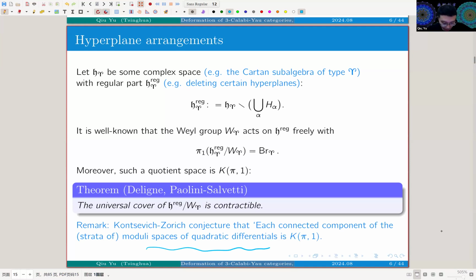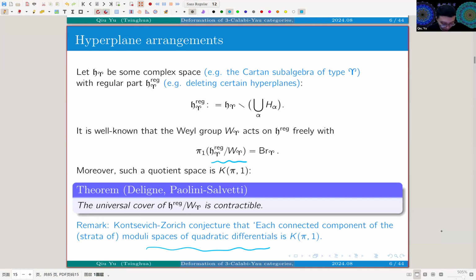Because if you take a polynomial and consider the polynomial as a quadratic differential on CP1, the corresponding moduli space can be identified with this type of hyperplane arrangement complement of type A. So they also conjecture that this type of moduli space is K(pi,1), meaning that its universal cover is contractible. So that's our motivation to study this type of thing.